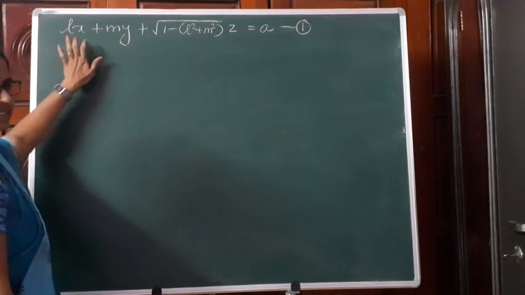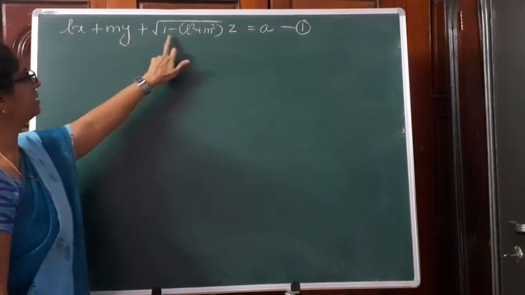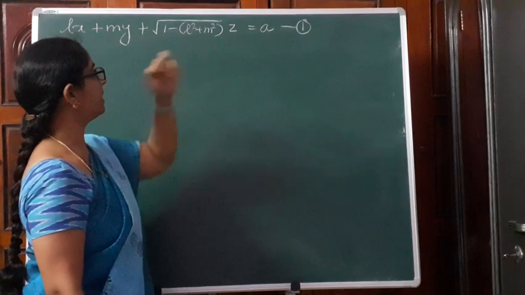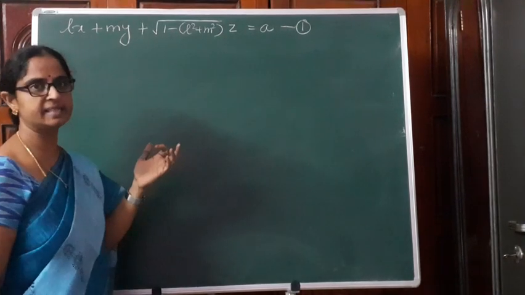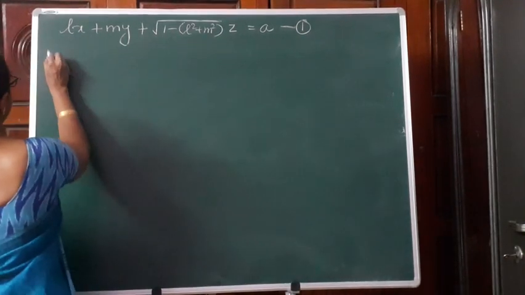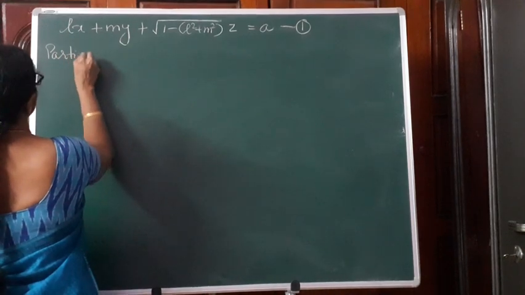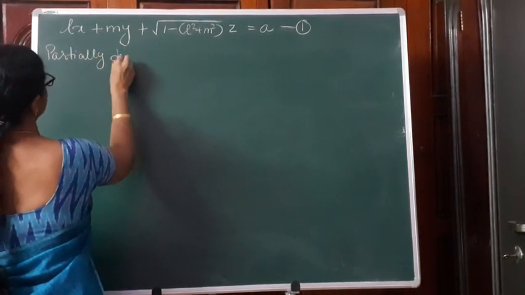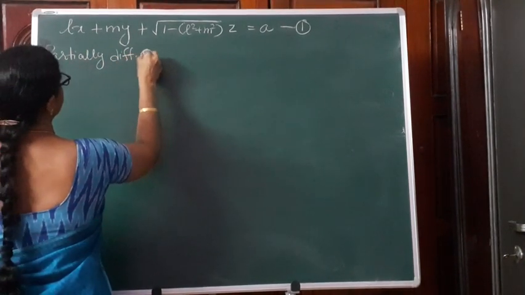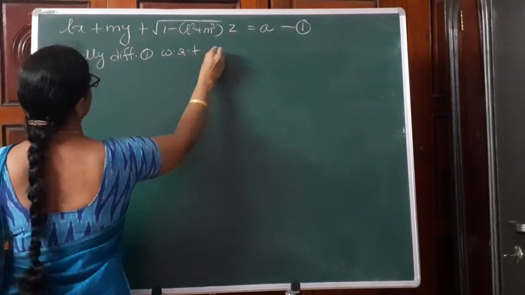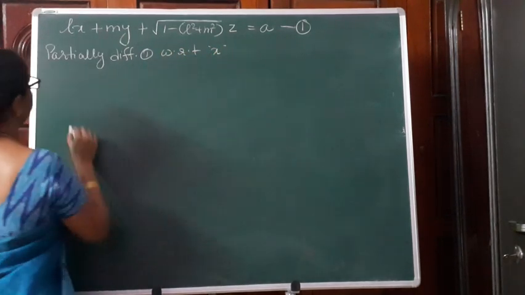Lx plus My plus square root of 1 minus (L square plus M square) into Z is equal to A. Now partially differentiate 1 with respect to x. Then what do we get?